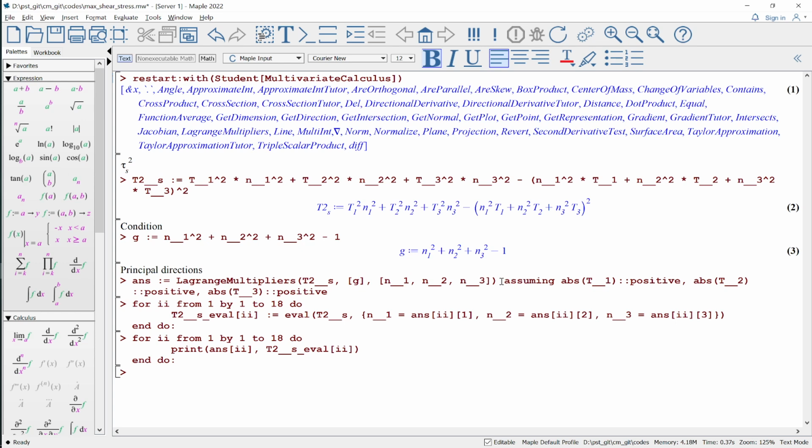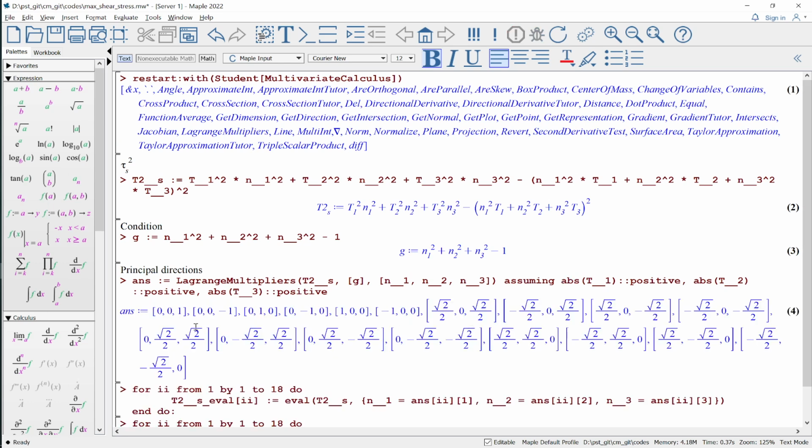So then I assumed that the absolute values of T1, T2, and T3 are positive, because I wanted to assert that these values are real. So I use these assumptions in here.